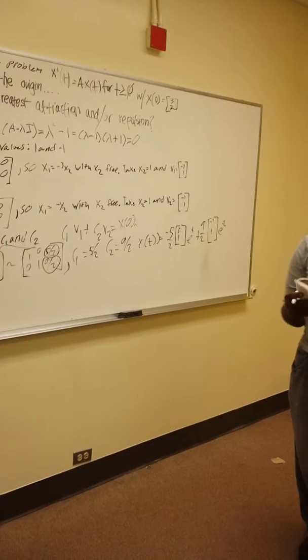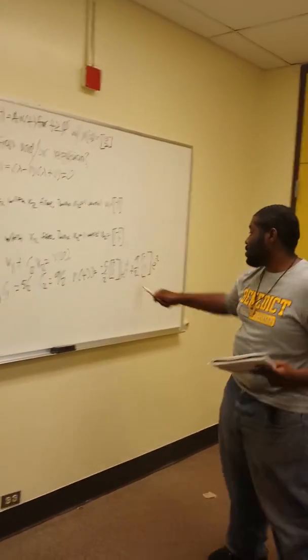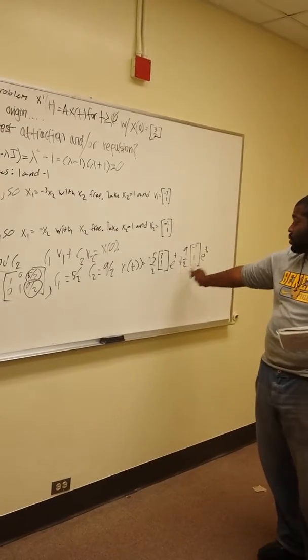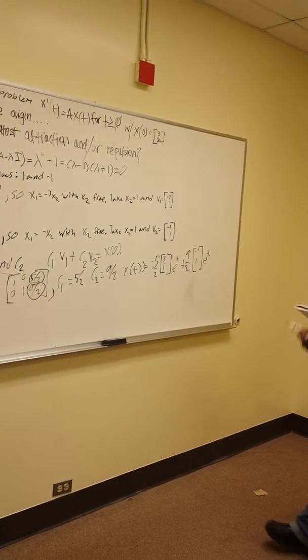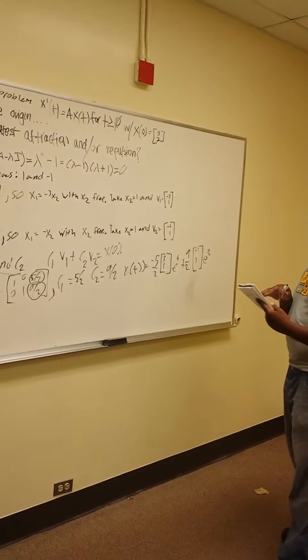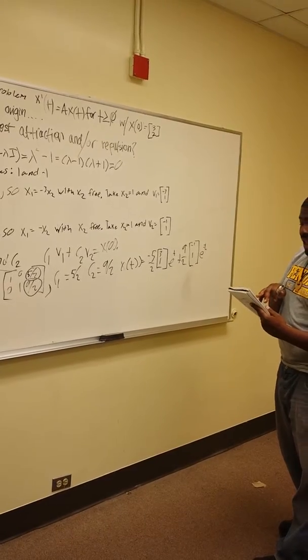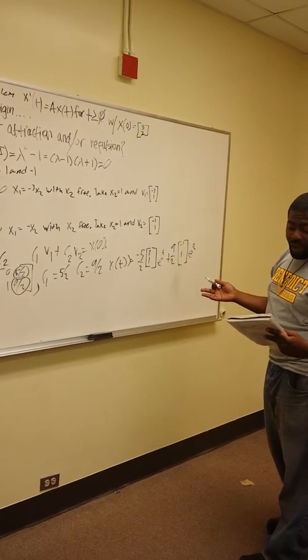Since one eigenvalue is positive and the other is negative, as is here, the origin is a saddle point of the dynamical system described by x prime equals A times x.